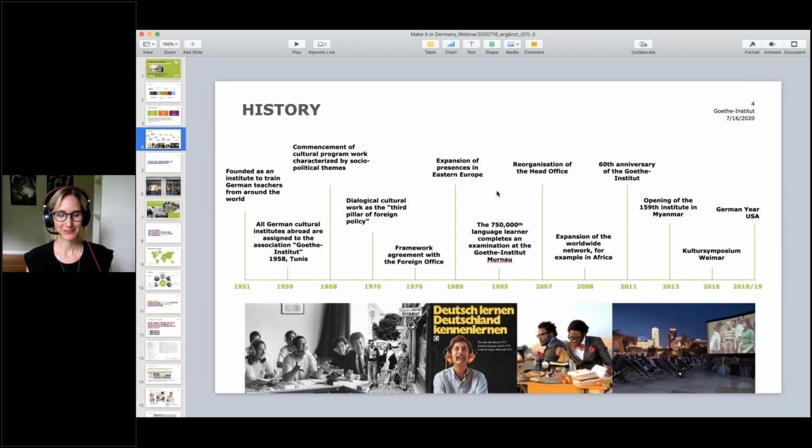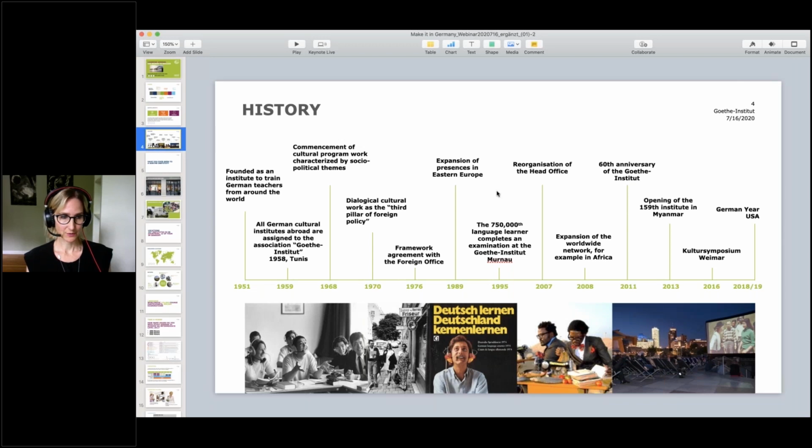So this is an overview of the history of the Goethe-Institut. As I said, you don't have to look at all the numbers, but it gives you an impression that the Goethe-Institut has been around for a long time, and we have developed a lot of expertise in teaching German and also working in our host countries to foster intercultural understanding.